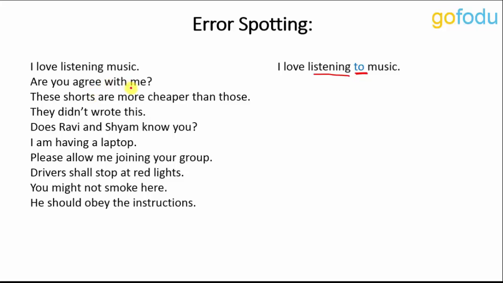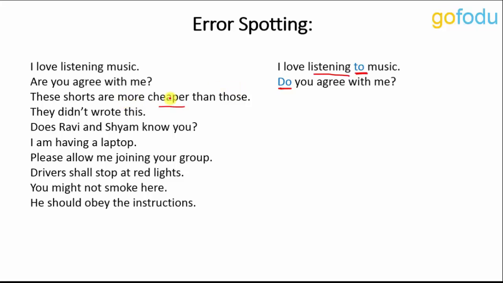Are you agree with me? Are is not used here because are is used in the progressive state where there is an ing with a verb. So over here it will be, do you agree with me? These shots are more cheaper than those. Over here, cheaper already means that you're comparing the two, and in degree it's cheaper than those.